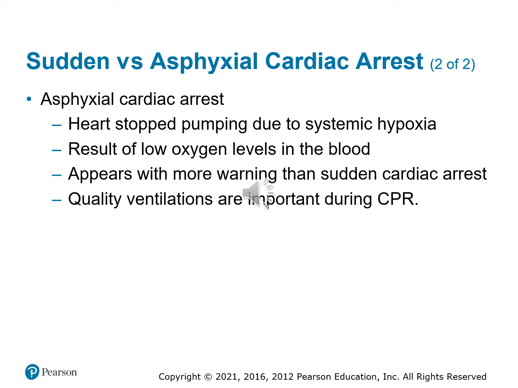This would be, for instance, when the heart stops due to hypoxia. We get low oxygen levels in the blood, and with those low oxygen levels, we cannot feed the heart muscle, so that can cause an asphyxial cardiac arrest. A lot of times with asphyxial cardiac arrest, you're going to see more signs and symptoms with your patient, so you've got a little bit longer of a warning, if you will, to try to correct it.